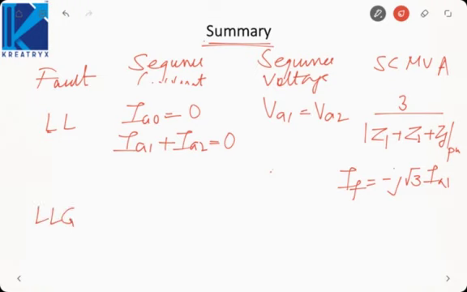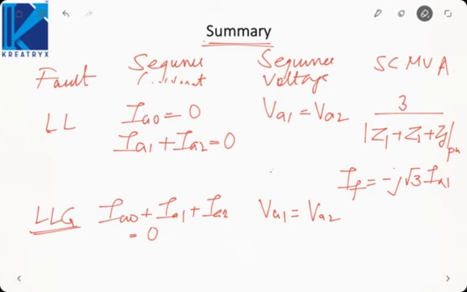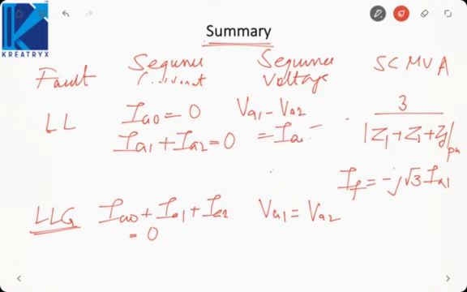Then double line to ground fault. All networks were in parallel. So IA0 plus IA1 plus IA2 was equal to 0. What happened to voltages? VA1 was equal to VA2. Here actually, with fault impedance, VA1 minus VA2 was IA1 into ZF, because ZF was the impedance between the two circuits. Here VA1 was equal to VA2 and VA0 minus VA1 was 3IA0 into ZF.